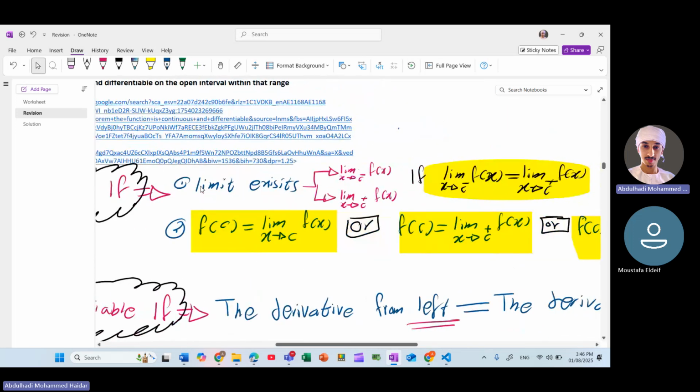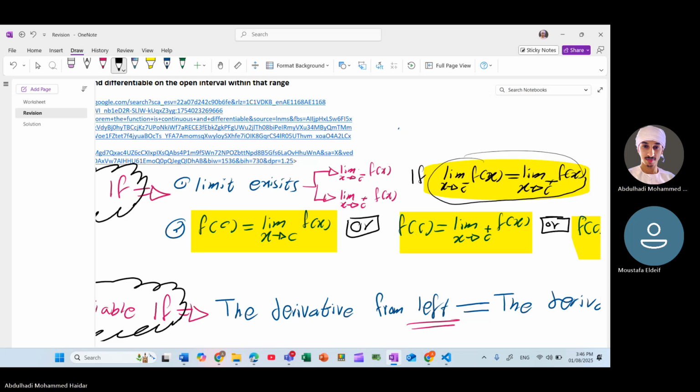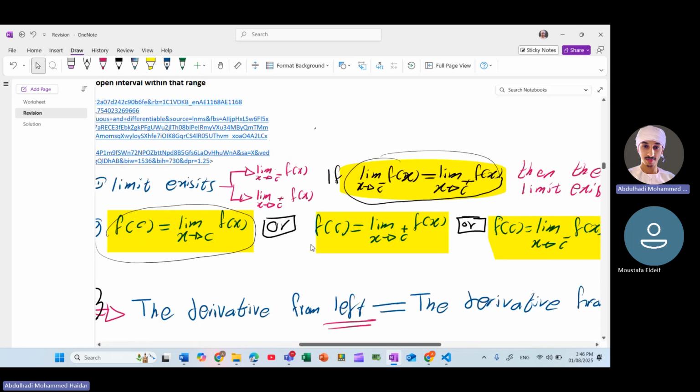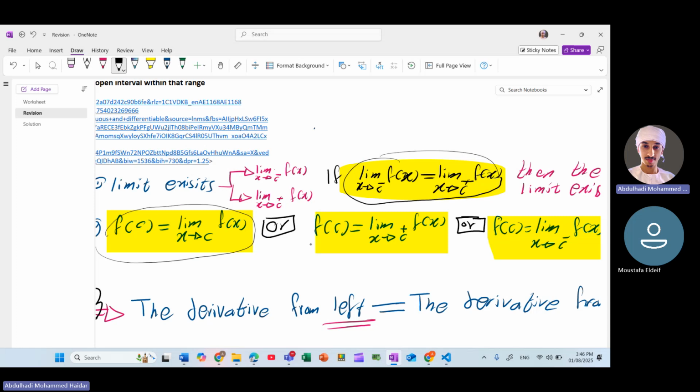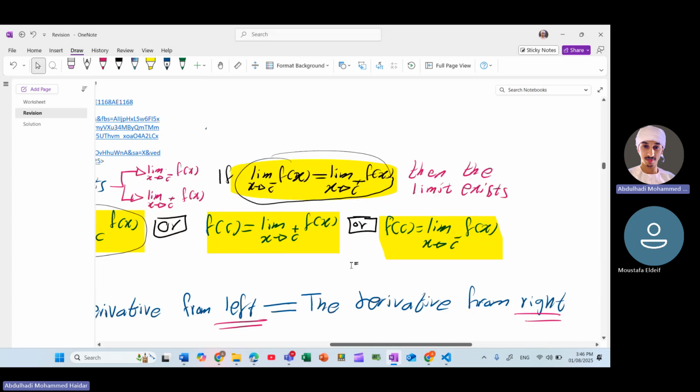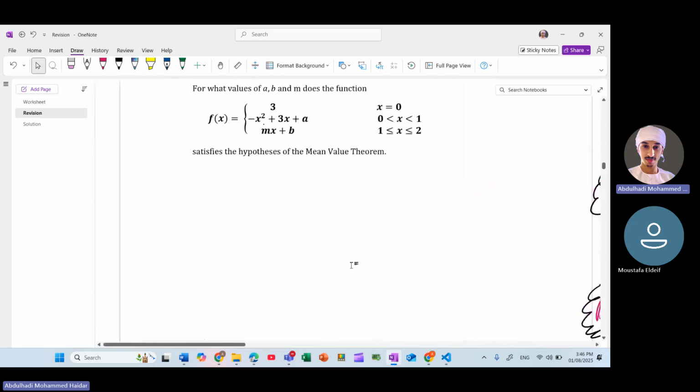Continuous if the limit exists: the limit as x approaches this number from the left equals from the right, and the function should be equal to the limit. So you have to do all of these.